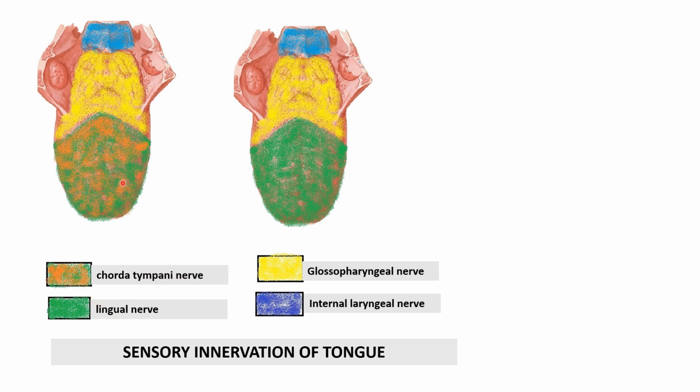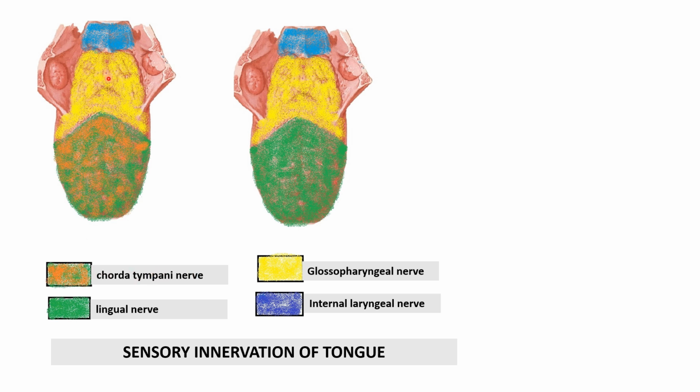This is a branch of facial nerve. Remember, general sensation from this anterior two-third portion is carried by lingual nerve. That general sensation also is except circumvallate papillae. So from the anterior two-third portion of the tongue, except circumvallate papillae, general sensation is carried by lingual nerve. Taste sensation is carried by chorda tympani nerve.